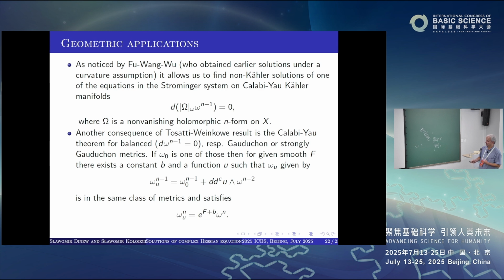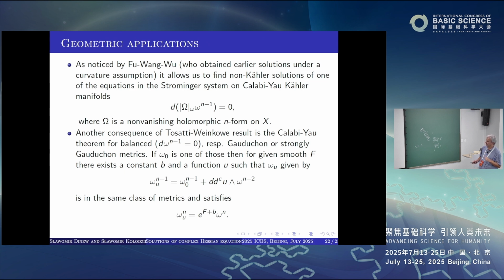So again, you take omega not satisfying, for instance, the balanced condition, and then you solve. You want to find u solving this. Now, if you define omega u in this way, then it solves this equation.